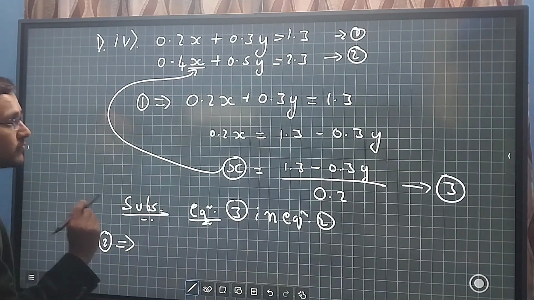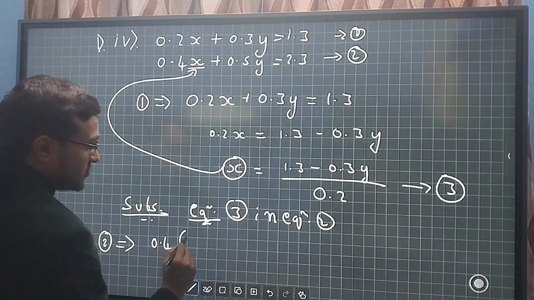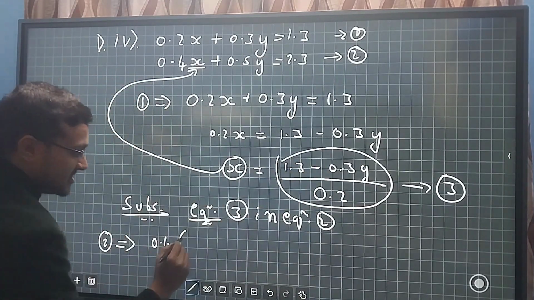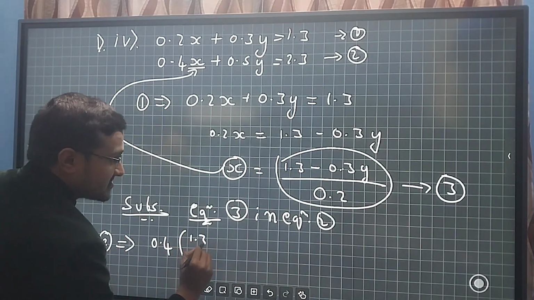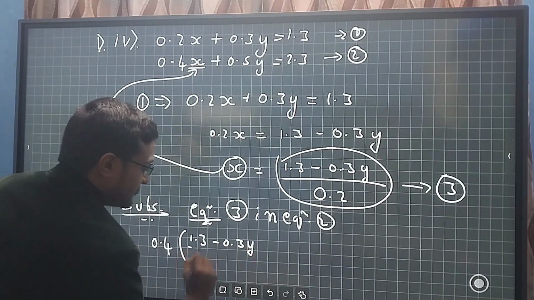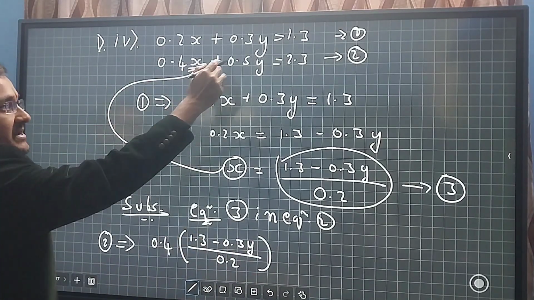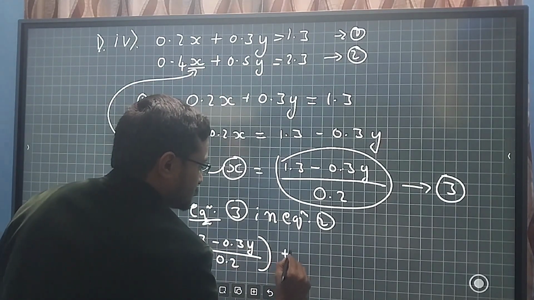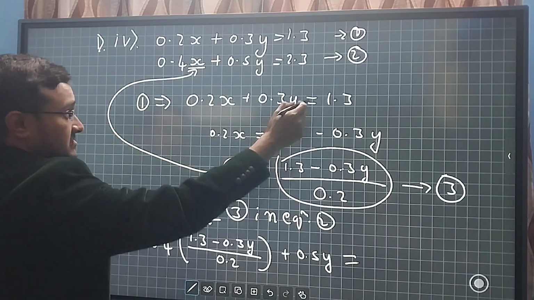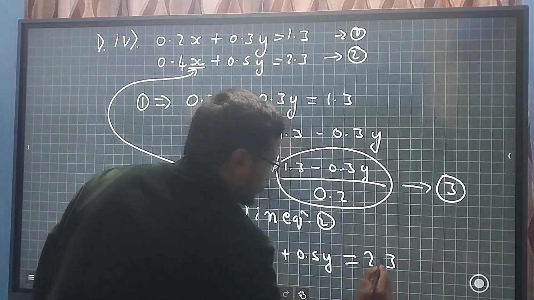Equation 2 will be 0.4 into whatever value you have here on the RHS, you have to substitute. So that is 1.3 minus 0.3y divided by 0.2. Now plus 0.5y is equal to 2.3.